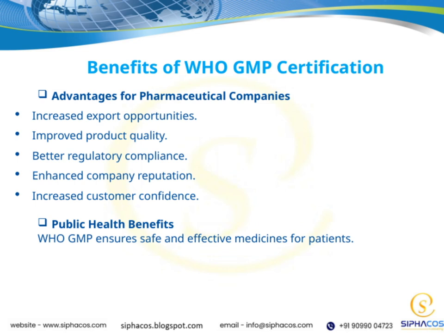Another key benefit is improved product quality. GMP standards ensure that medicines are consistently produced to high quality, which is essential for patient safety and trust. Along with that, certification helps companies stay compliant with regulatory requirements, reducing the risk of legal issues or product recalls.